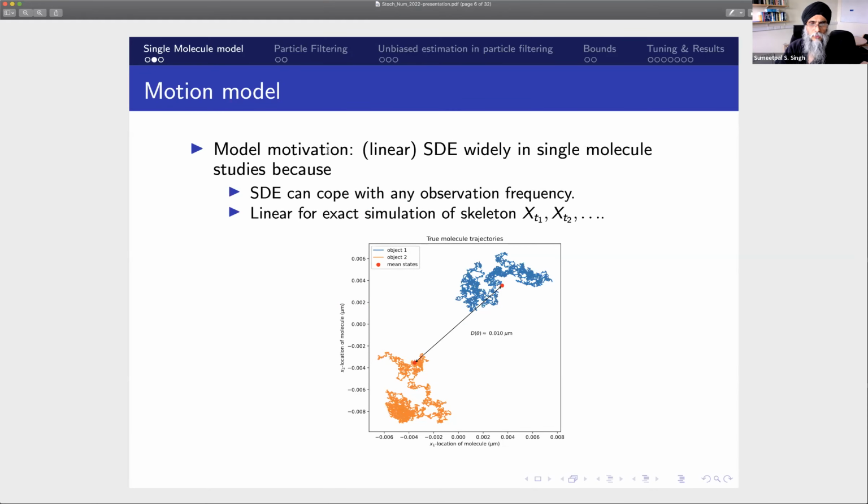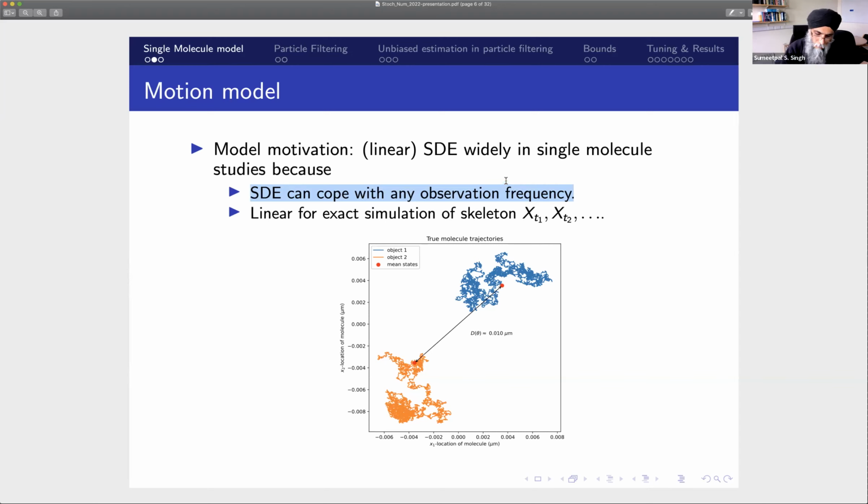So what's the motivation for this SDE? Well, firstly, they assume these molecules have diffusive behavior because they want to cope with any amount of observations. They can generate observations at very fine time intervals, very closely spaced in time, or they can generate them sparsely spaced in time. This is something the experimentalist has control of.